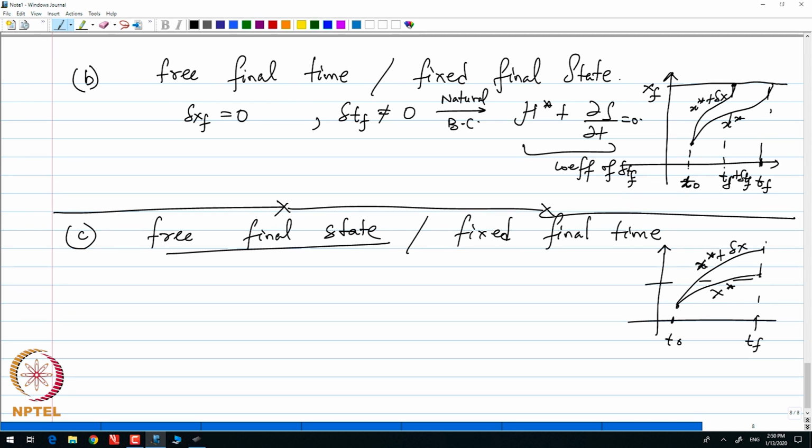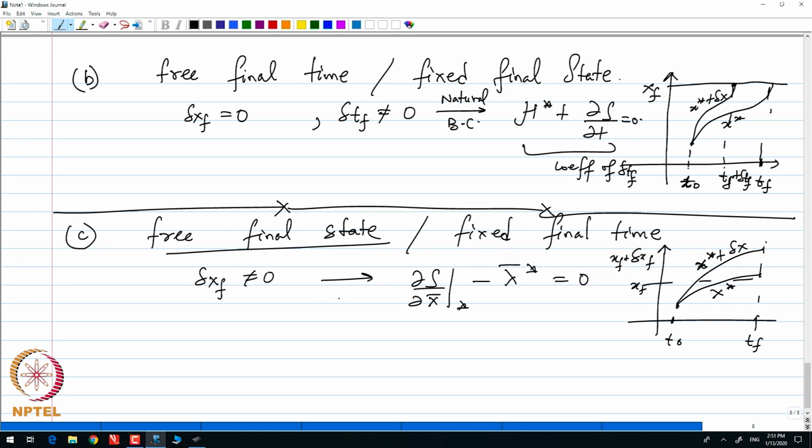So, I have x f and I have x f plus delta x f. In this scenario delta x f is non-zero and my natural boundary condition kicks in and I get partial s partial x at star minus lambda bar star is equal to 0.